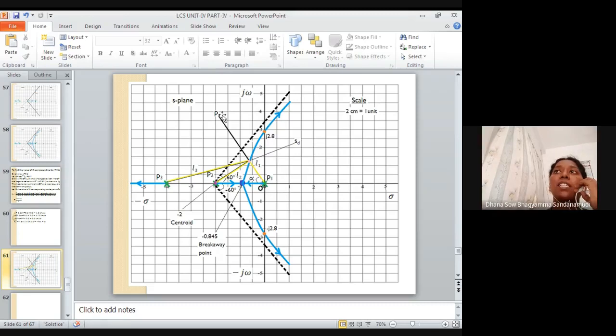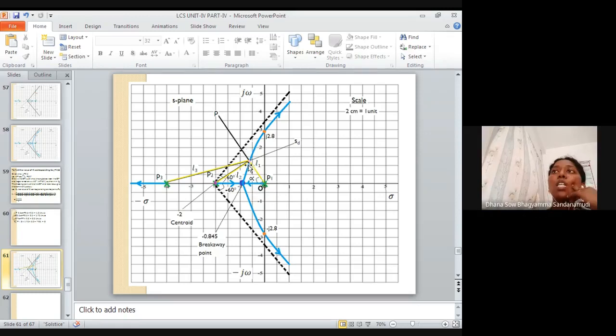It is passing through the root locus. These blue lines are your root locus. Three root loci are there: 1, 2, 3.